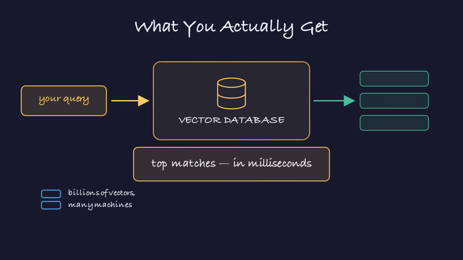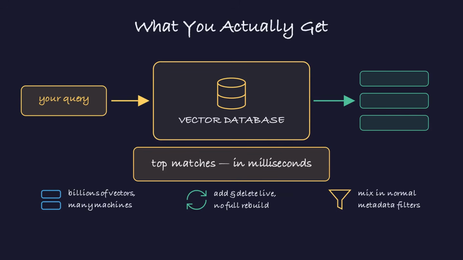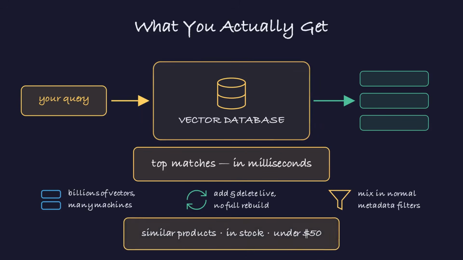But it also handles the boring but critical stuff. It scales to billions of vectors across many machines. It lets you add and delete data live, without rebuilding everything from scratch. And it lets you mix in normal filters, find similar products, but only ones in stock under $50.